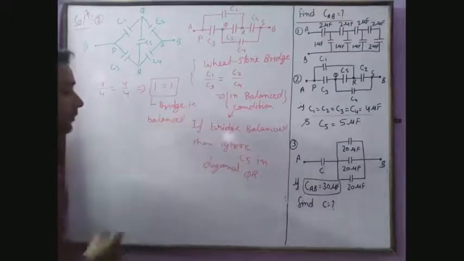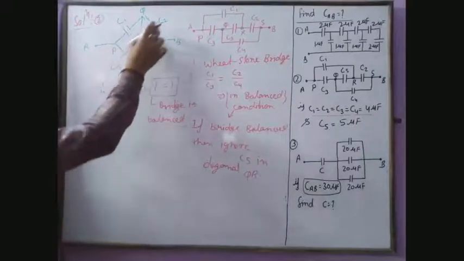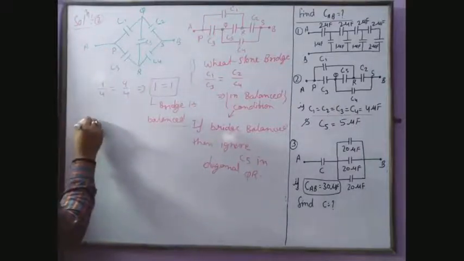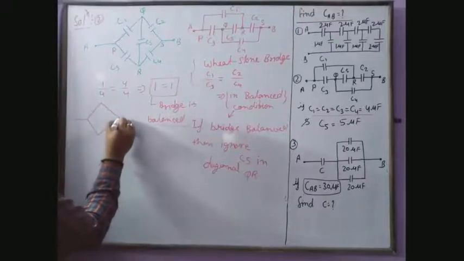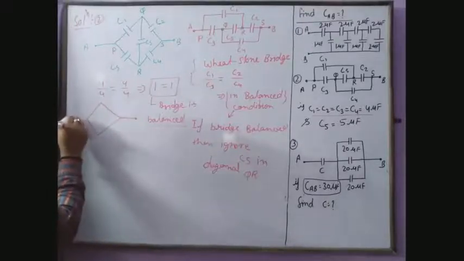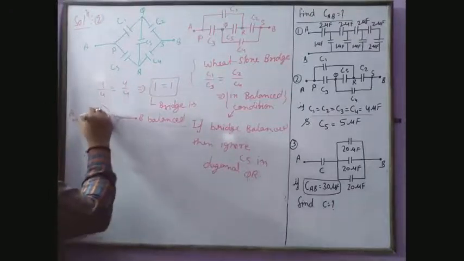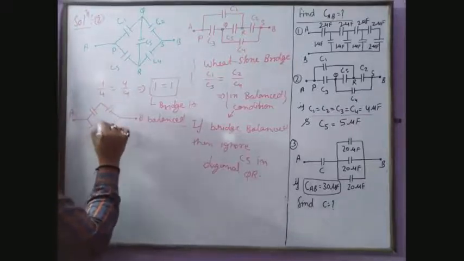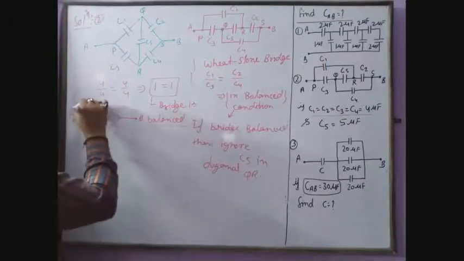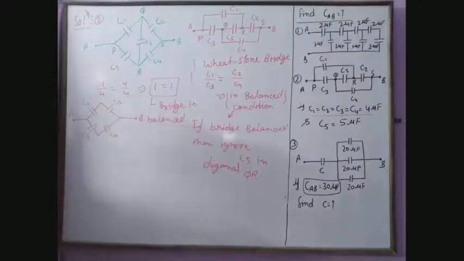Okay, if the bridge is balanced, then we can redraw this bridge as A, B, and we need not put C5. Okay, C1, C3, C2, C4. This one is eliminated.